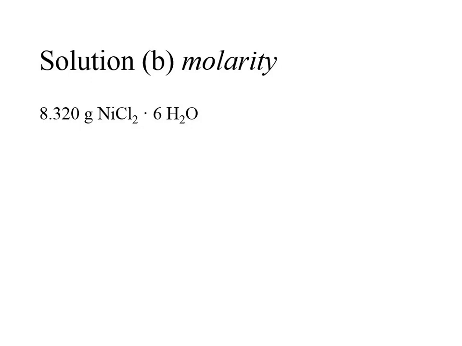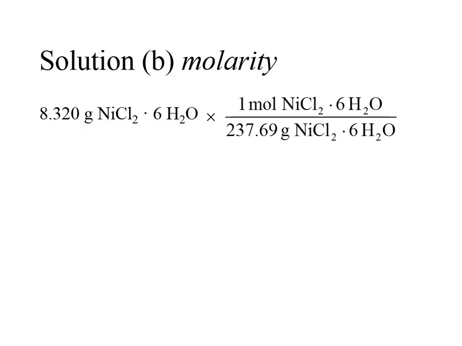So first I'm going to convert that to moles. I'm going to use the molar mass of the hydrated salt, the flipped version. Okay, 1 mole of NiCl2.6H2O per 237.69 grams of NiCl2.6H2O. So basically the molar mass of the hexahydrate.